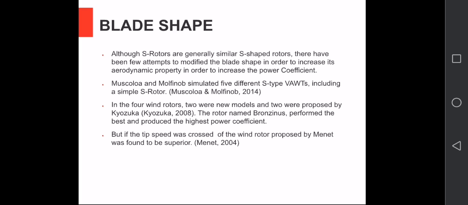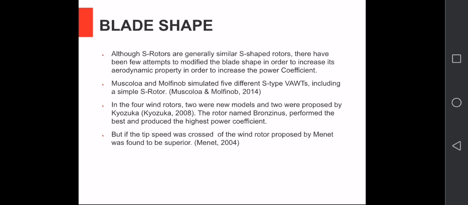So in a nutshell, there have been 4 attempts to simulate the different types of blade shapes. 2 of those were proposed by Kyozuka in his paper, and one of those was the Brozonius rotor, which has been briefly discussed by Dr. Kyozuka.